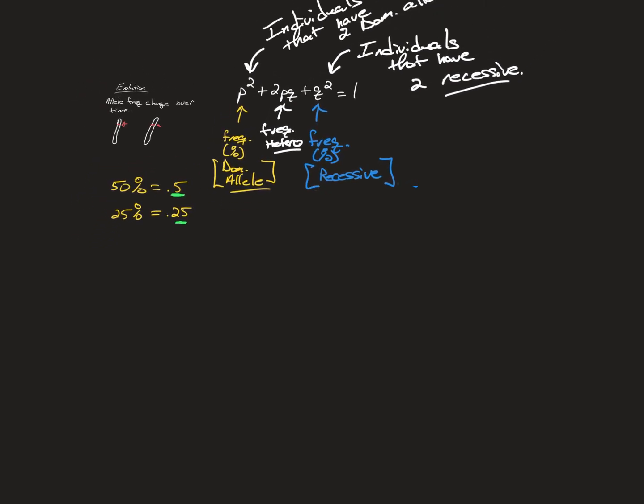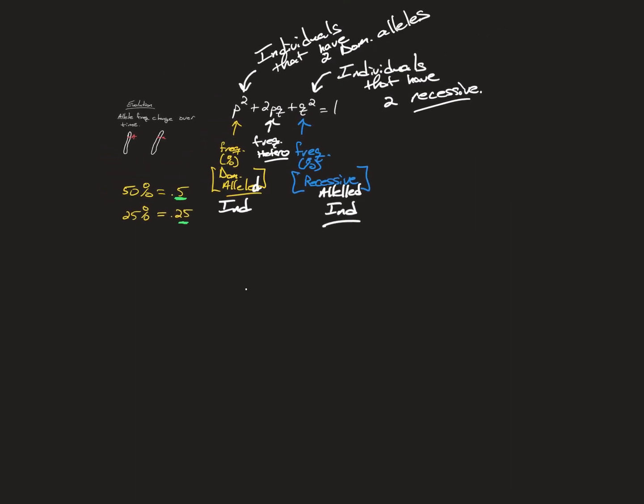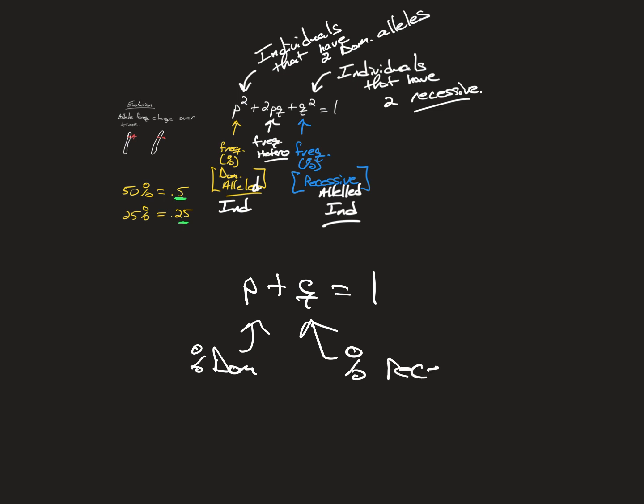So when we talk about the dominant allele, we're talking about dominant allele individuals, and the recessive allele individuals, right? The homozygotes versus the heterozygotes. If we want to look at the percentages of the allele, we'd have to do P plus Q equals 1, which is all the percentages of the dominant alleles in a population versus the percentages of the recessive allele in the population.